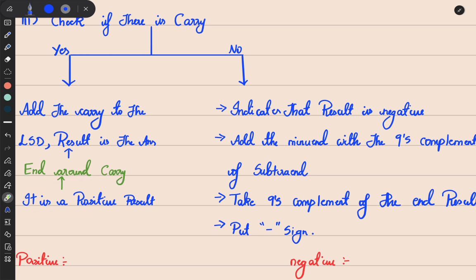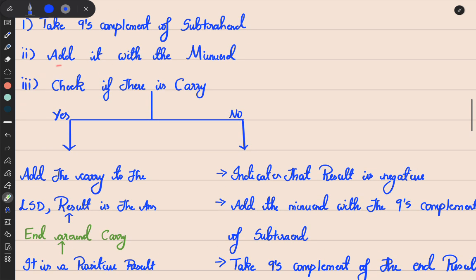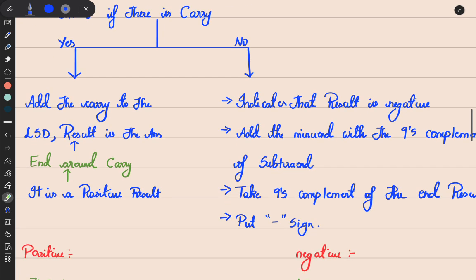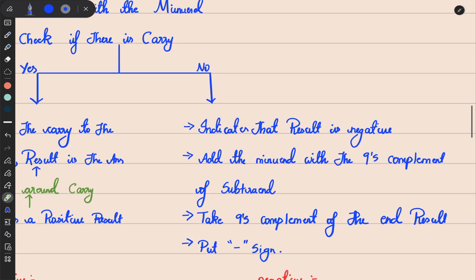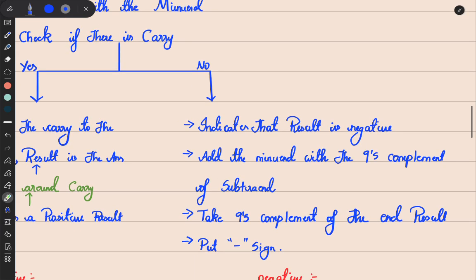If there is a carry, the result is positive. But if there is no carry, it indicates that the result is negative.